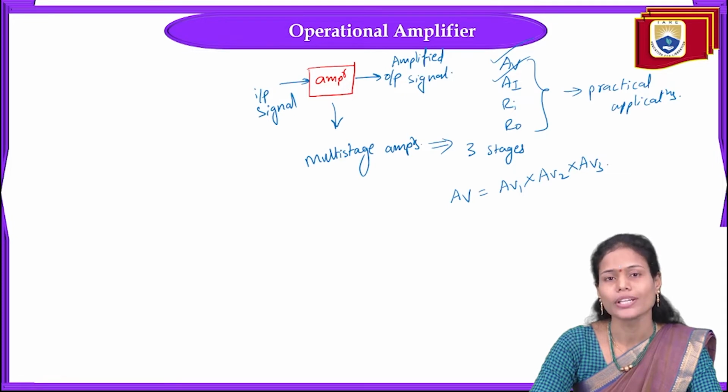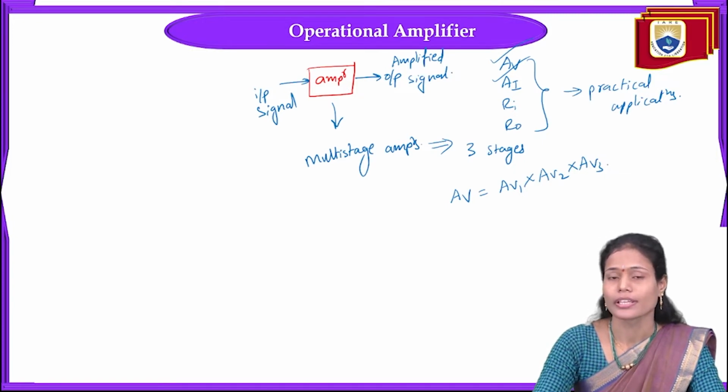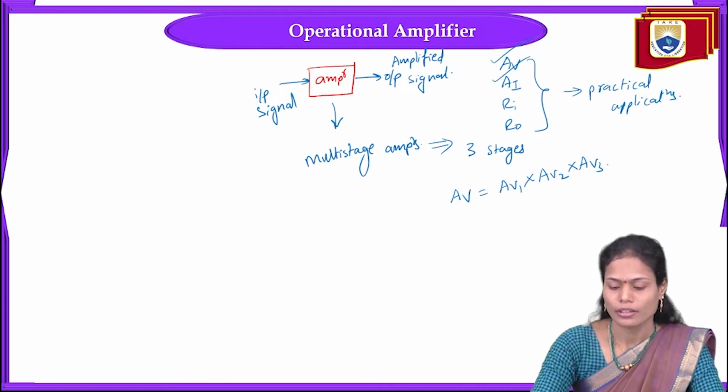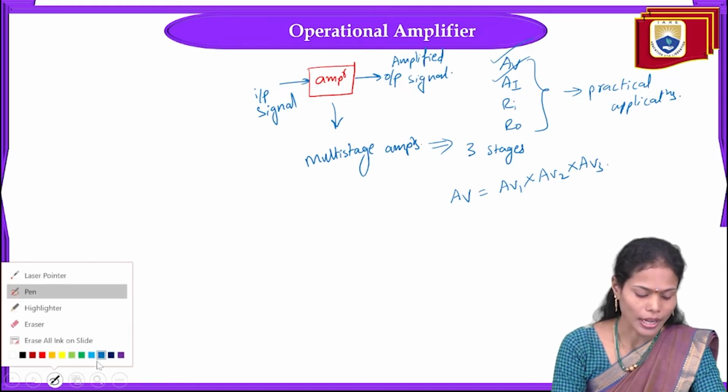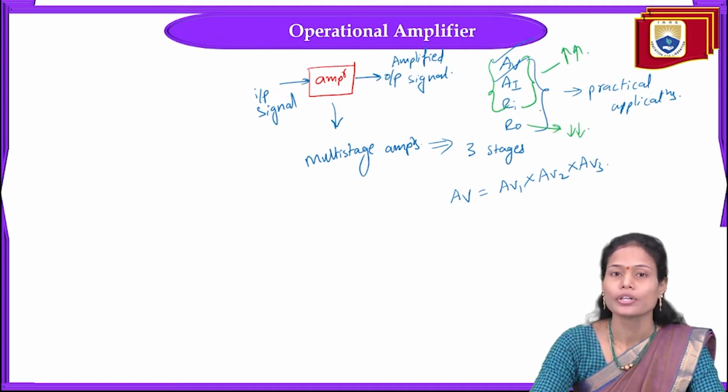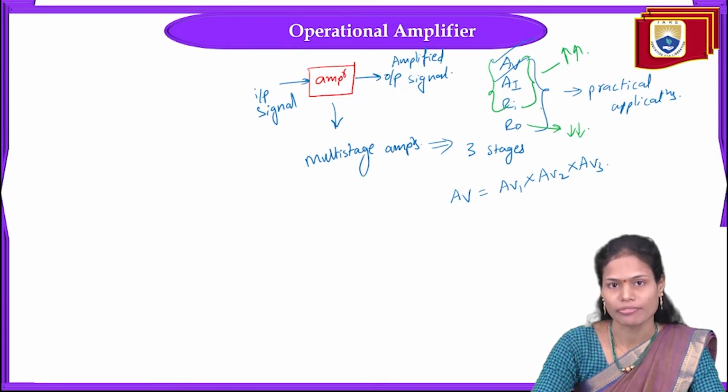A normal RC coupled amplifier with CE stages can increase the voltage gain along with the input resistance. Among the amplifier parameters, these three should be high and R0 should be low to provide proper amplification across the output.